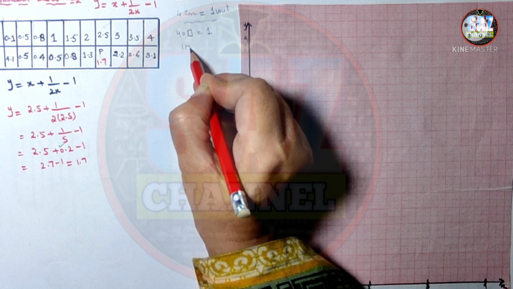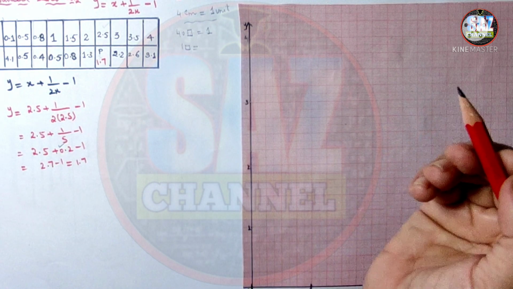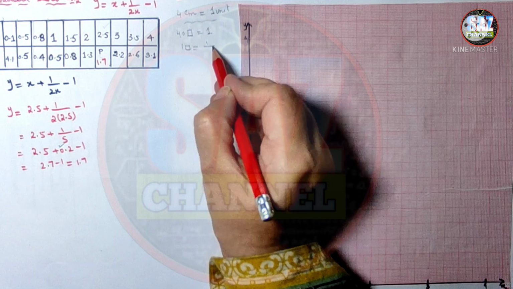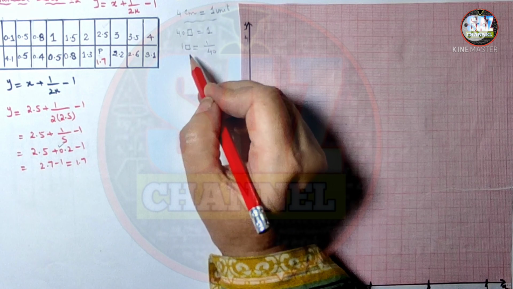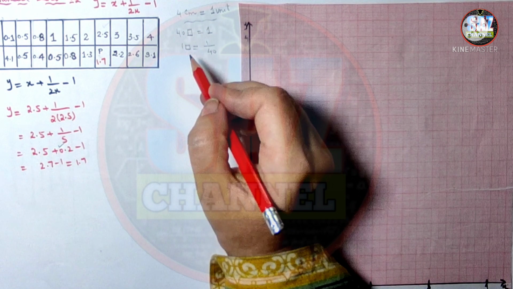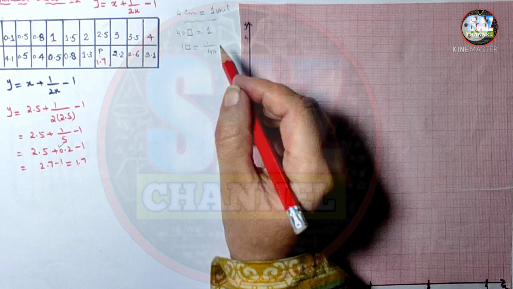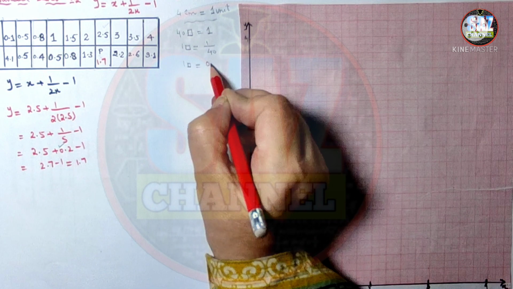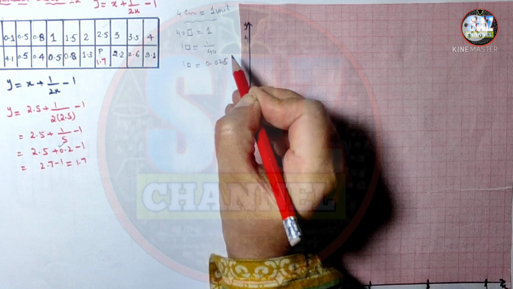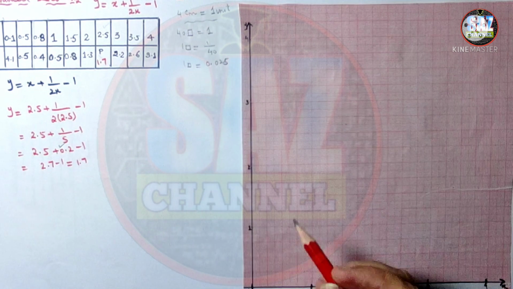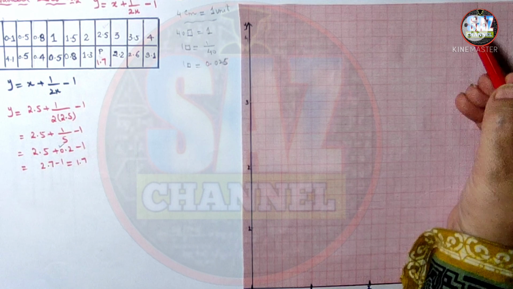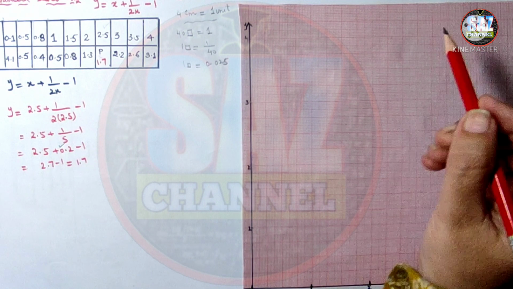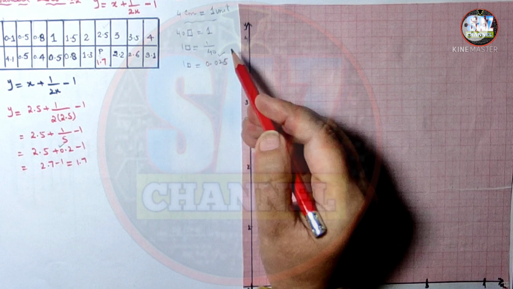One small block will be equal to 1 by 40, and 1 divided by 40 is 0.025 for both axes.